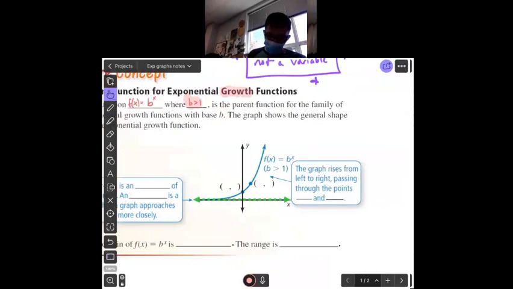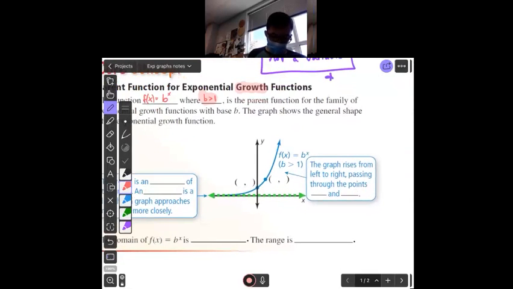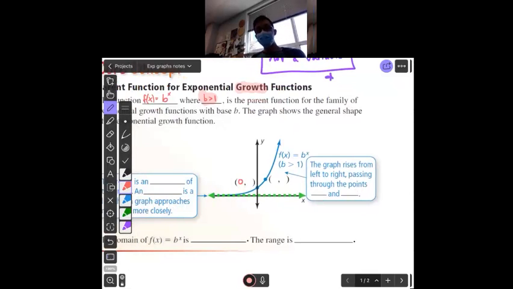There are 2 key points for exponential functions. One of them is 0. When you plug in 0, what do you get? Any number to the 0 power is 1. So (0, 1) is always a point on exponential functions. The next one is when we plug in 1. Any number to the 1 power is itself, so (1, b).